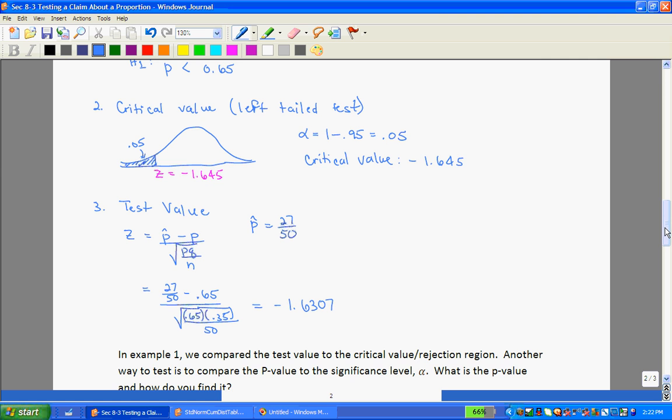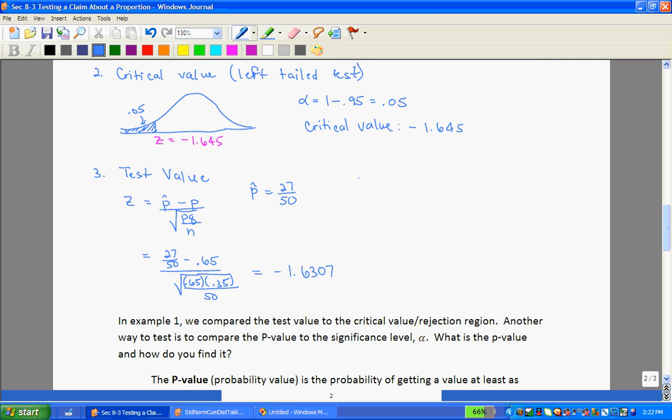Okay, so step 4, we want to compare that to the critical value. So I'm just going to copy this here, this little picture we drew previously. And this area out in the tail, remember, that's our rejection region.